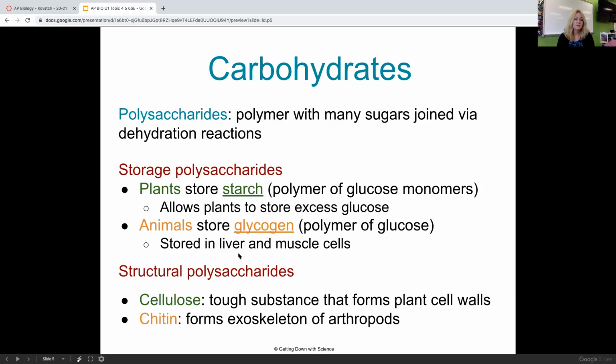So the structural polysaccharide is an incredibly important kind of carbohydrate, and we don't always take time to mention that. But termites sure love cellulose, and they have a special bacteria in their gut that have enzymes that can actually digest those tough cellulose cell walls.